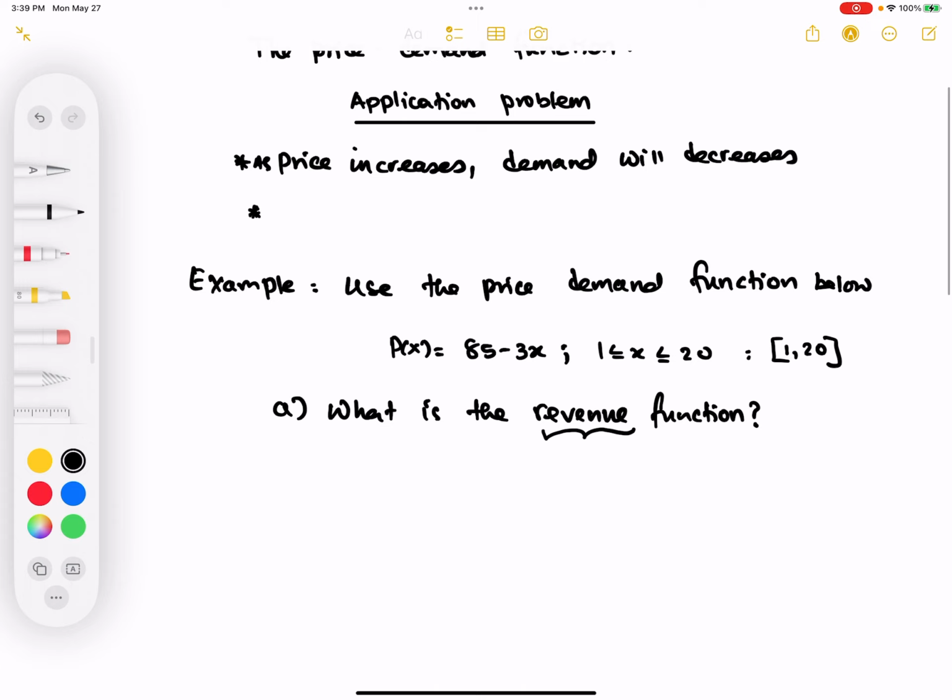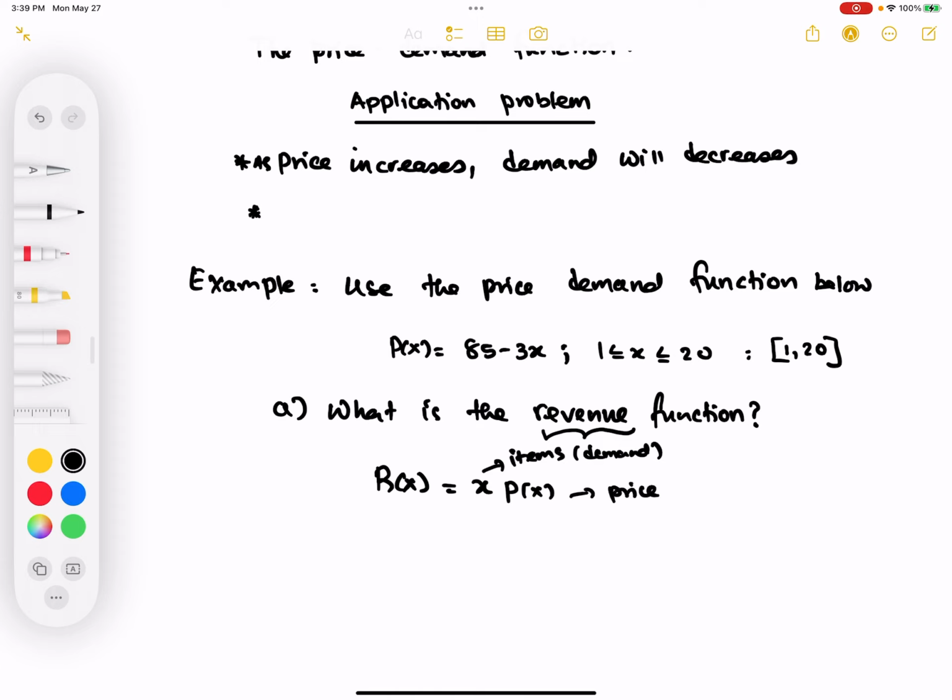That is the revenue. That means for revenue, you just use capital R of x, the number of items multiplied by the price as a function. This is the item numbers, or you call it demand, and this one is price.